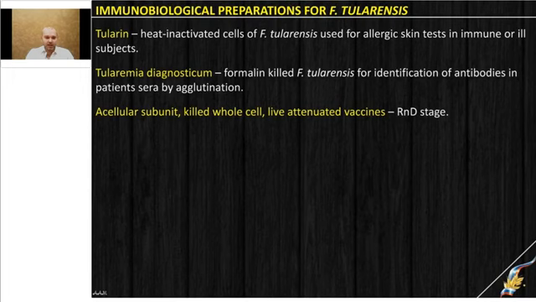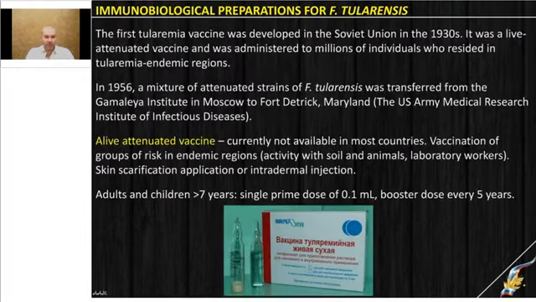So we have several types of vaccines against tularemia, which are still in the research and development stage. We have killed vaccines, some subunit vaccines and recombinant vaccines, but no vaccine is available at the moment worldwide as an approved and confirmed safe vaccine.